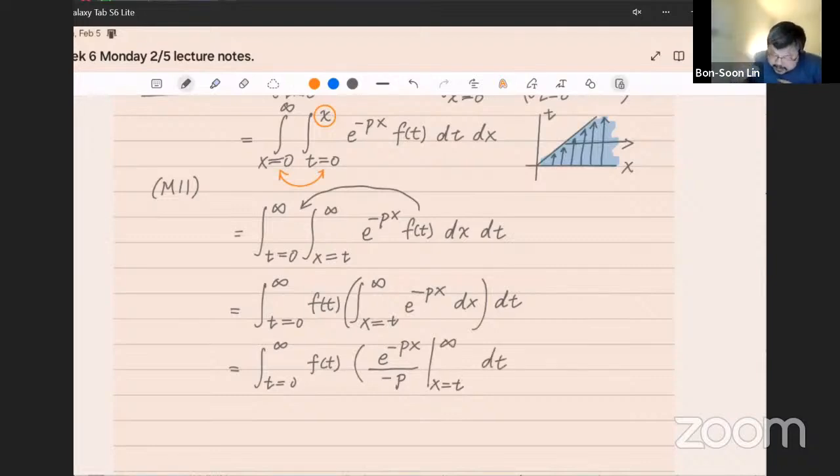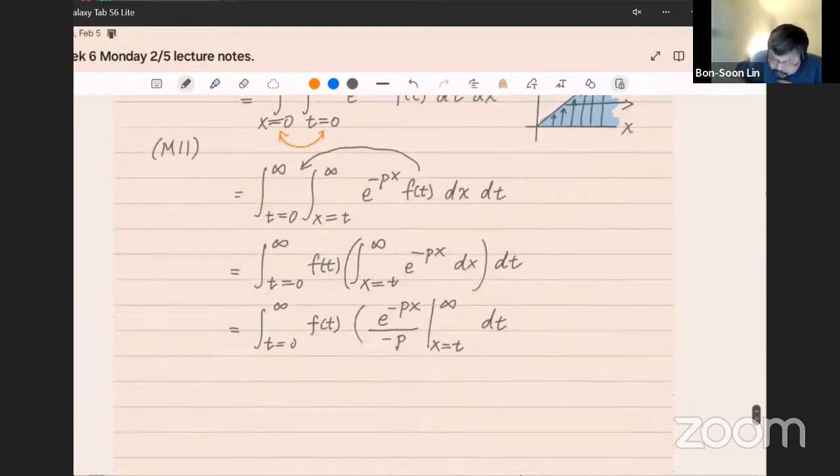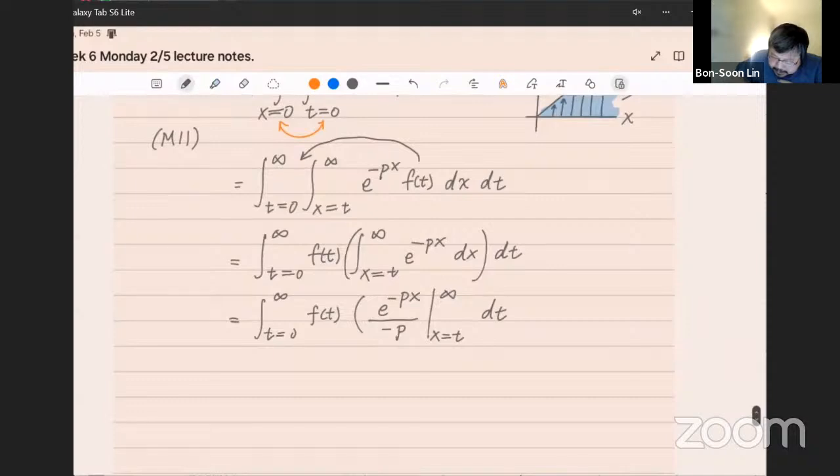If I plug in x as infinity, the term e to the minus px is 0. And if I plug in x equals t, what do I get? I get e to the minus pt divided by, not minus p, because this is being subtracted at the bottom bound, so just divided by p dt.